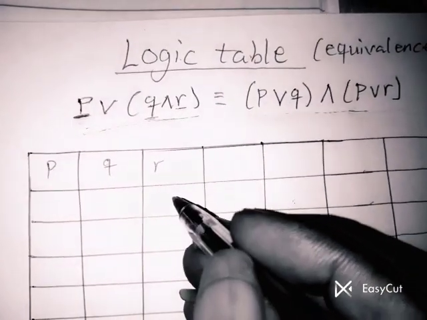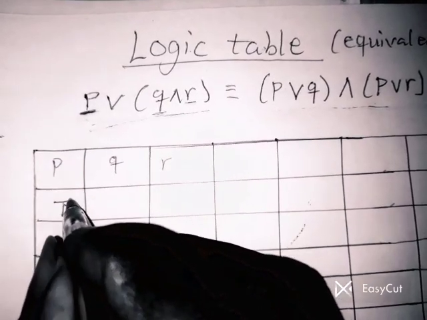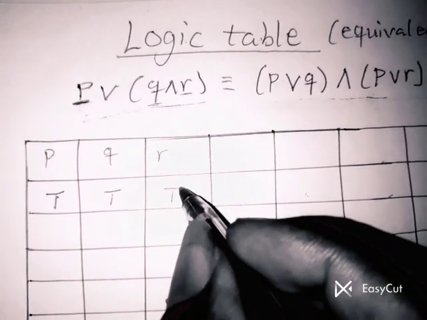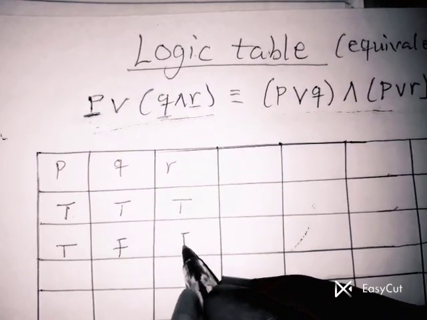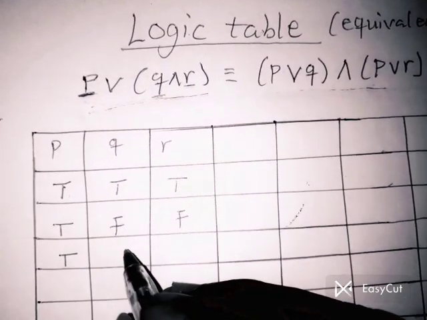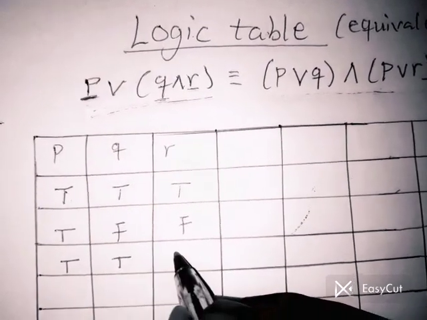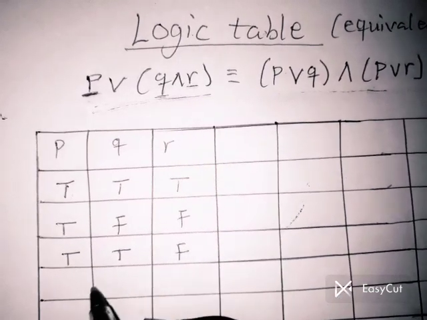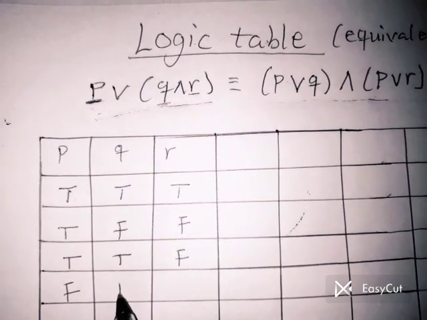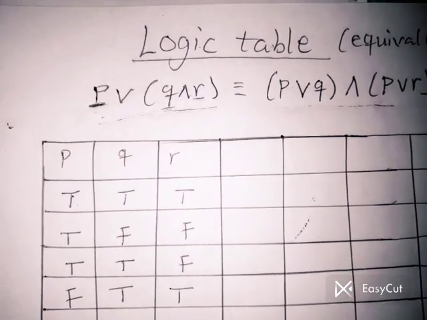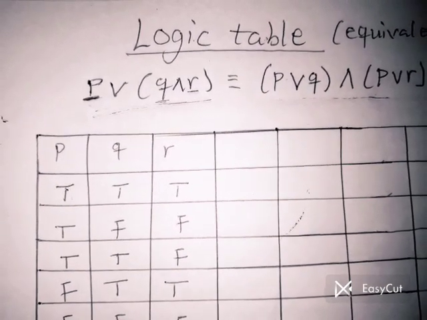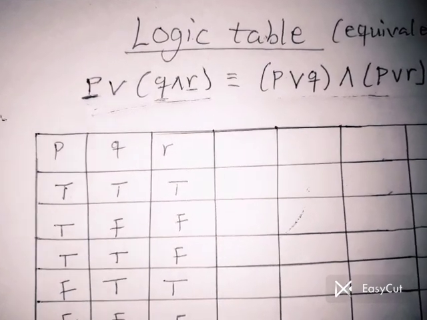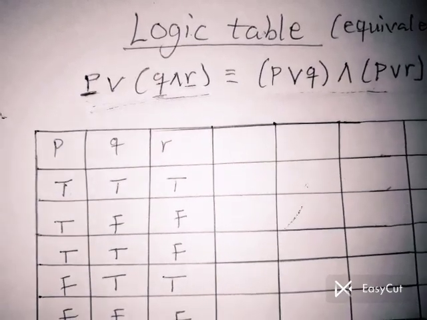So let us check. So we have, if P is true, Q is true, R is true, P is true, Q is false, R is false, P is true, Q is also true, R is false, P is false, Q is true, R is true, P is false, Q is false, R is false, P is false, Q is true, R is false, P is false, Q is false, R is true, P is true, Q is false, R is true.